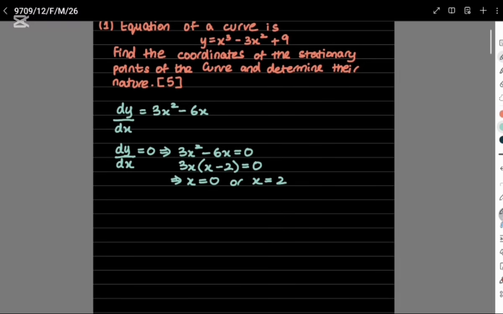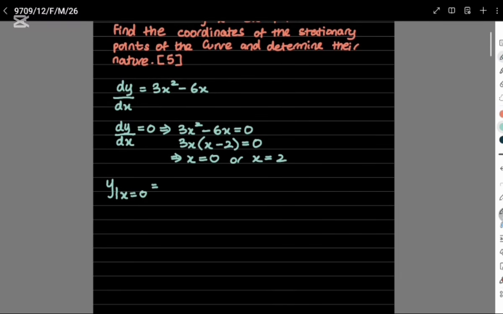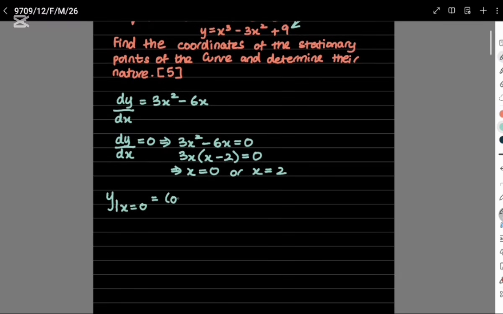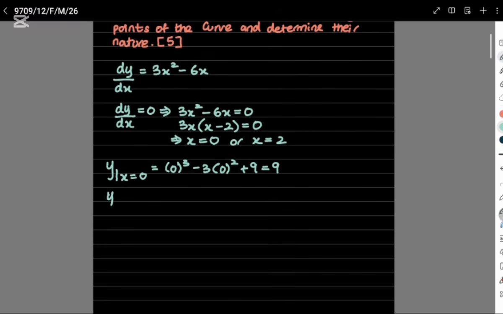Now we have to find the y coordinates. So for that, you substitute x is equal to 0 and x is equal to 2 in the original equation. So 0 cubed minus 3 times 0 squared plus 9, which just simply gives us 9, and y at x is equal to 2 gives us 2 cubed minus 3 times 2 squared plus 9.